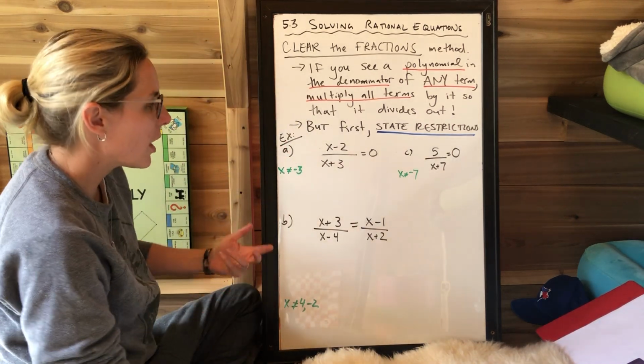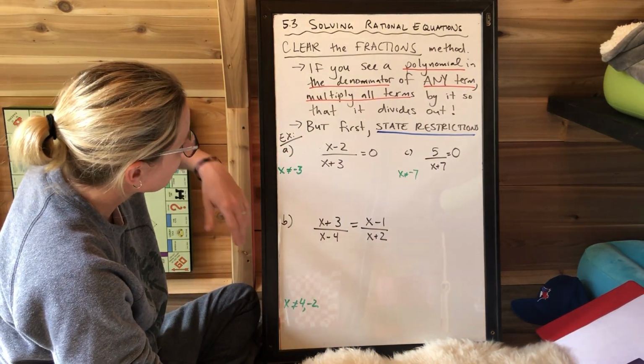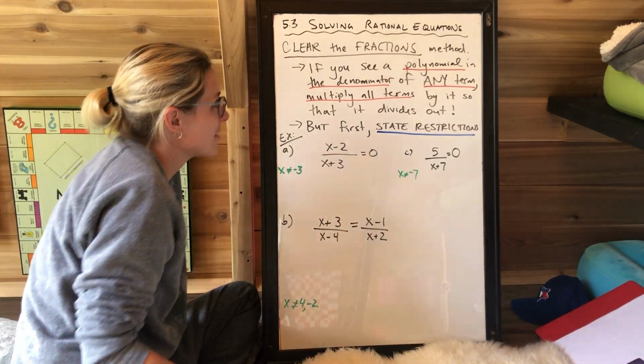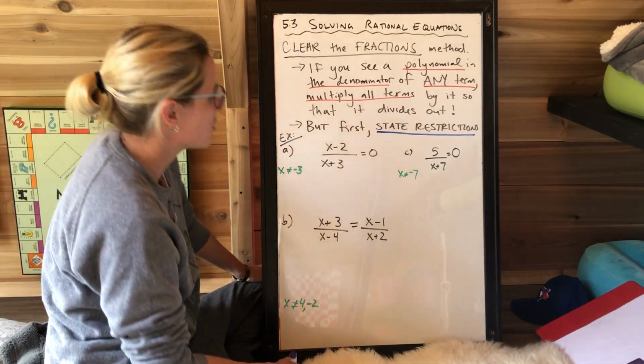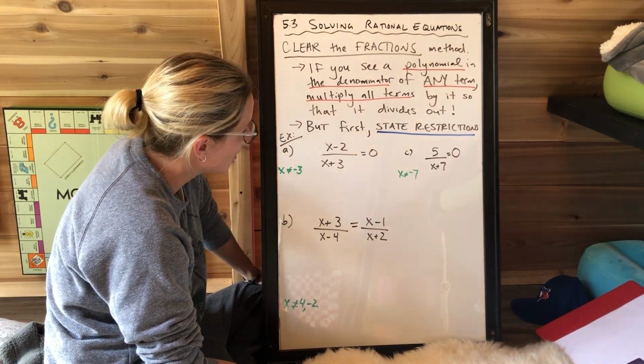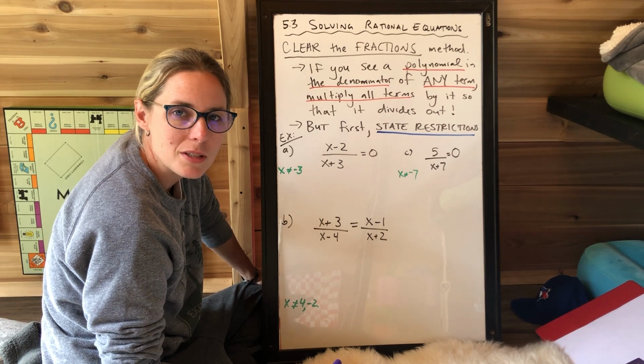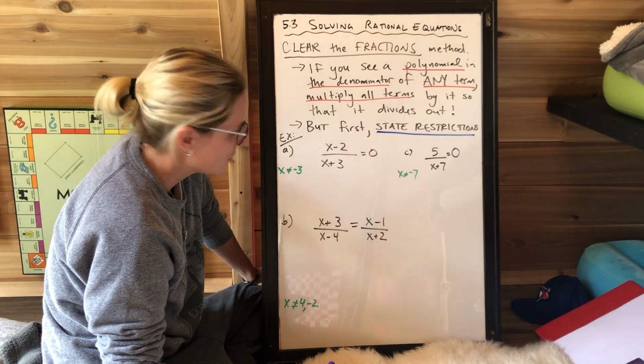Okay, and then on the other end, the clear the fractions method works like this. We want to get rid of the rational. That's the whole idea. We want to turn it into just a polynomial equation. In order to undo something, we do the opposite, and that's the way we started solving equations when we were in grade 9.